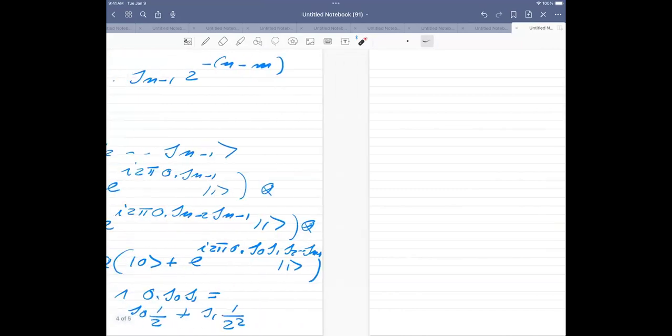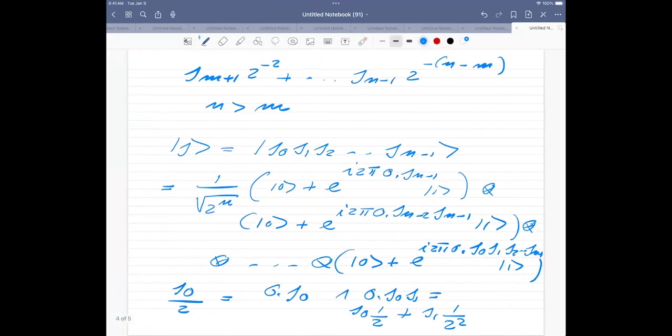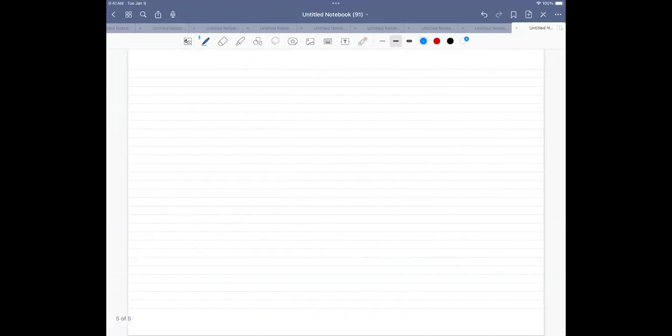So also keep in mind that if you look at the way I've defined the sequence of bits, you can always encode it the other way around. You don't need to start with J0. You could start with Jn minus 1. There's nothing which hinders you doing that. So you decide what is the least significant and what is the most significant bit. And this is the same when you do representations of real numbers.